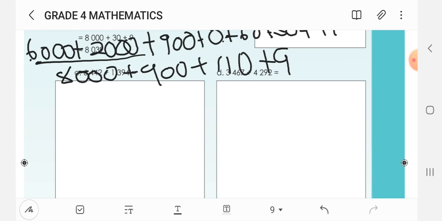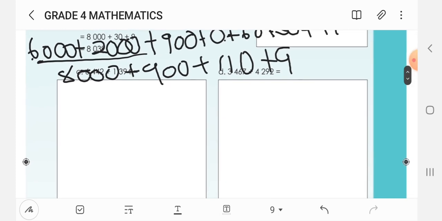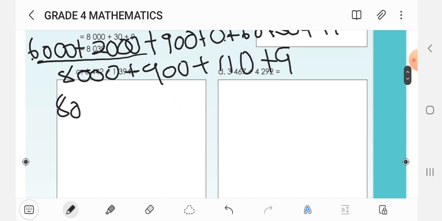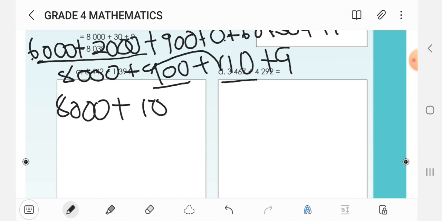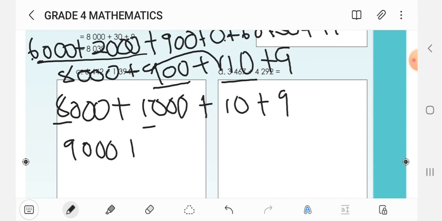So we have 8,000 plus, oh, this is 100, this is 100. So this 100 plus this one will give us what? 1,000. And then plus 10 plus 9. So this 8,000 plus this 1,000 will give us 9,000 plus 10 plus the 9.